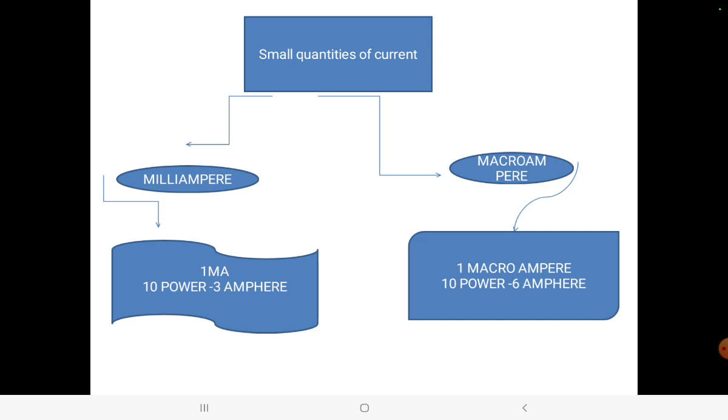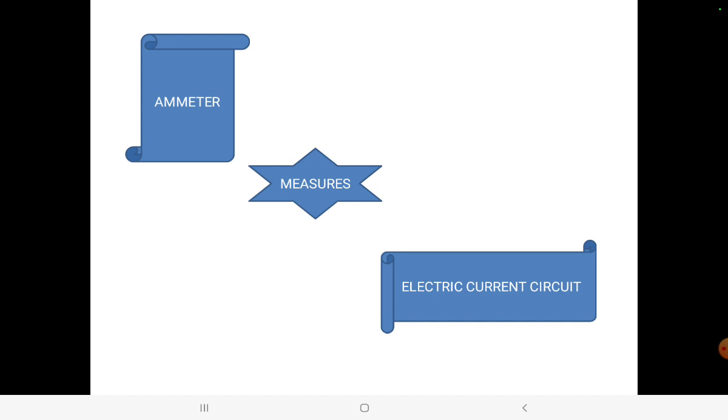Then there is one device which is used to measure the electric current, that is nothing but an ammeter.